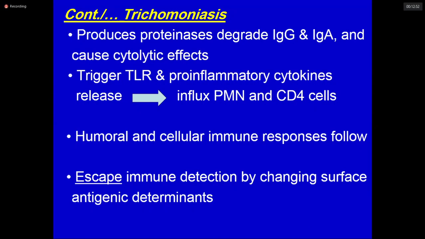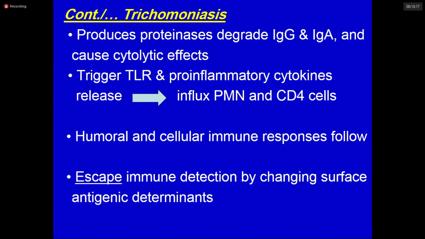Okay, I repeat this again. They trigger toll-like receptors, binding to certain cells through these receptors, and these cells release pro-inflammatory cytokines, which bring in polymorphonuclear cells and CD4 positive cells.